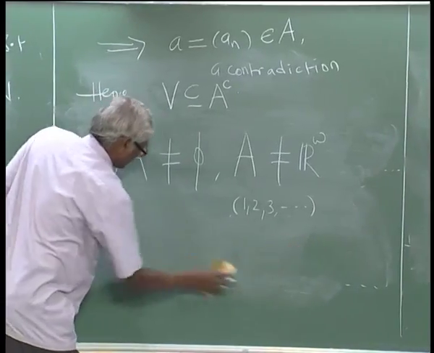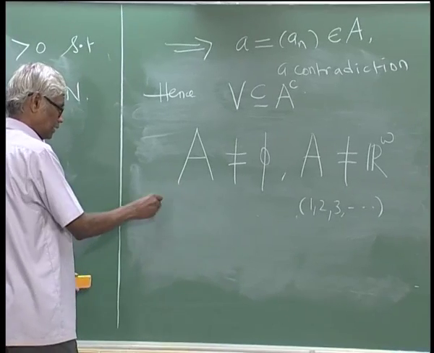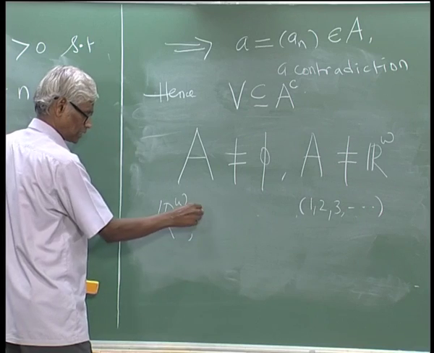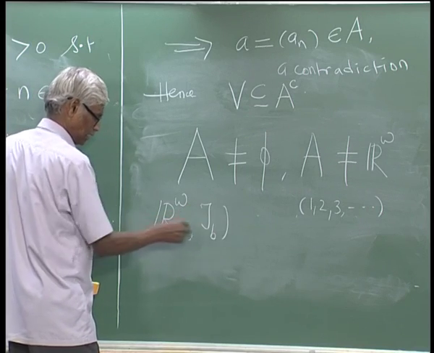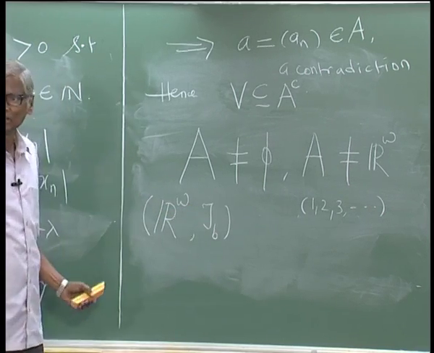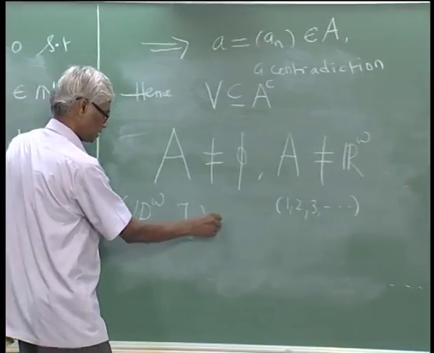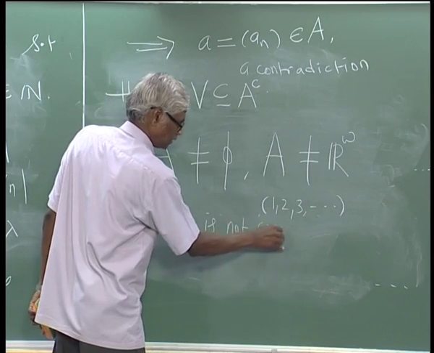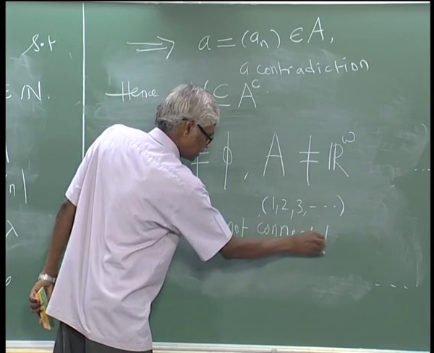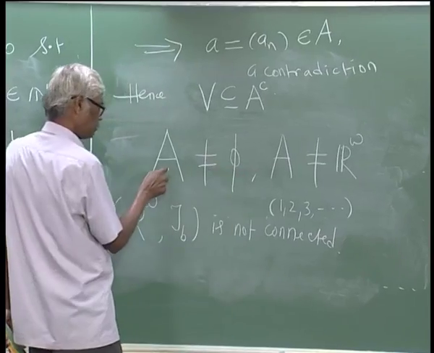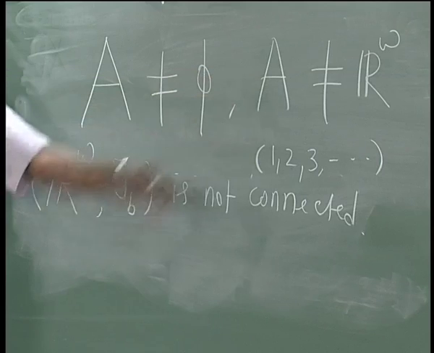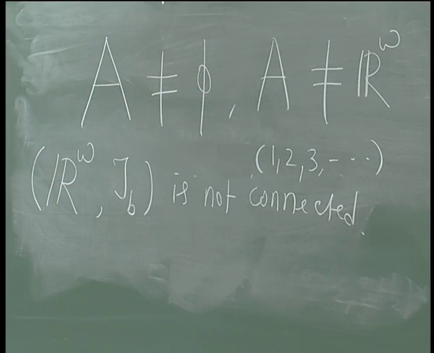So, we have proved that this set R power omega with box topology is not connected, because this set A is both open and closed, and that set is non-empty and not equal to R power omega.